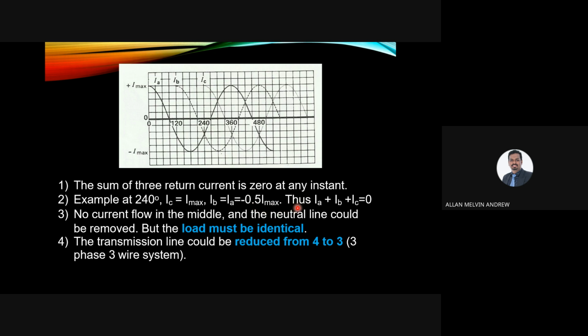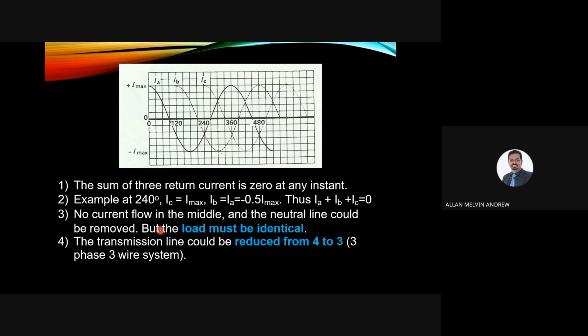So we can see I max minus 0.5 I max minus 0.5 I max. So you will get the value to be 0. So no current flows in the middle because they cancel each other, and the neutral line could be removed.